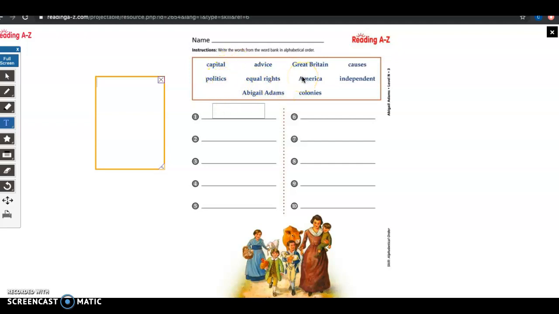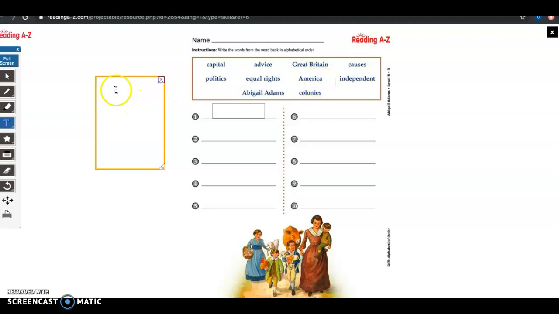So alphabetical order is the same as putting something in ABC order. So we have these words up here. We have advice and Abigail Adams and America.